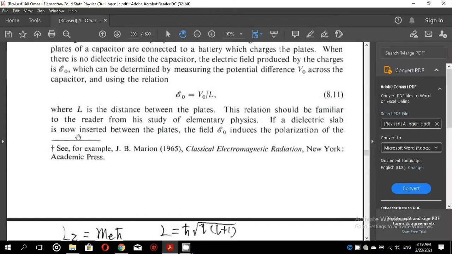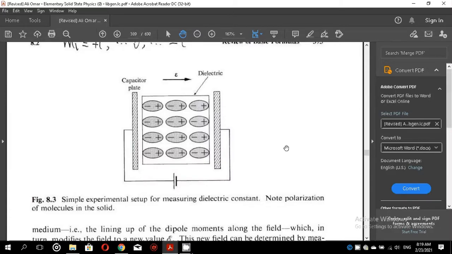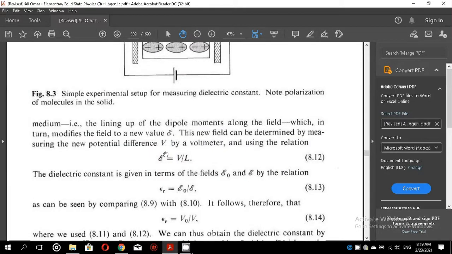If a dielectric slab is now inserted between the plates, the field E naught induces the polarization of the medium, that is, lining up of the dipole moments along the field, which in turn modifies the field to a new value E. This new field can be determined by measuring the new potential difference V by a voltmeter and using the relation, equation 8.12.